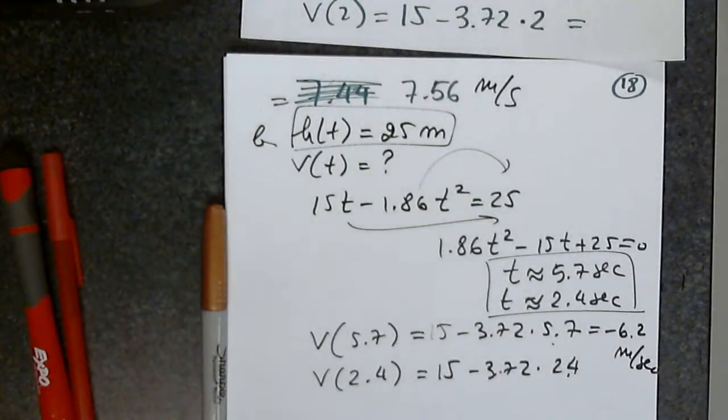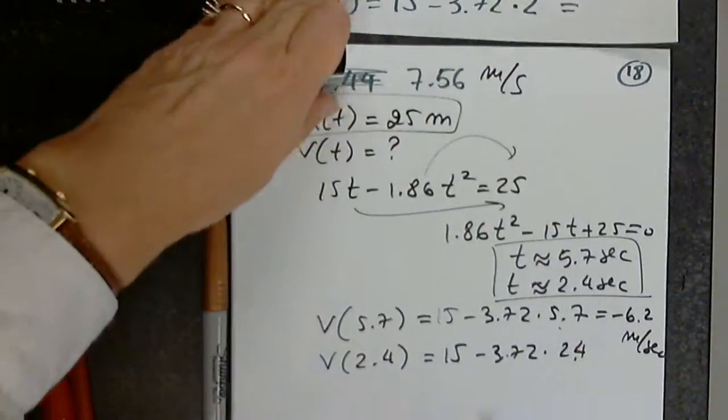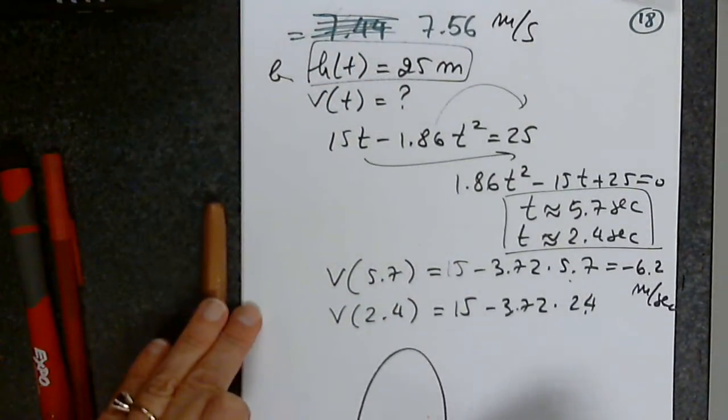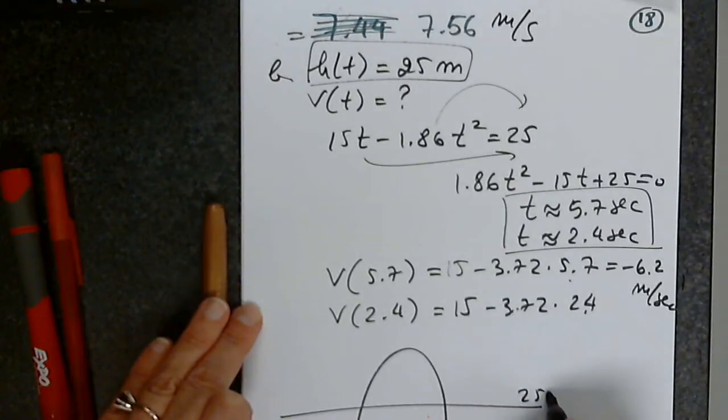It doesn't mean that the velocity is negative. It means that if I consider this direction positive, then this direction will be negative. It's just a direction. So when it goes up, the direction of the velocity vector is going up, positive, and when it comes back, the direction is negative. That's all it means. So this is definitely on its way down, right? So this is the rock. Here's 25 meters. This is the tangent going up, and this is the tangent going down.